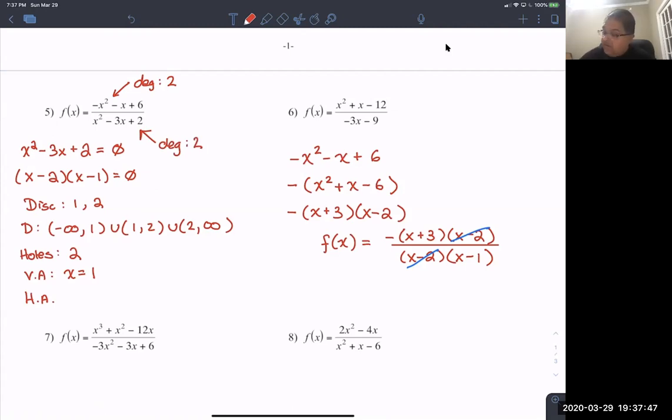The horizontal asymptote y equals the ratio of the leading coefficients. The leading coefficient in my numerator is -1, because remember, it's an understood -1, over 1, which simplifies to y equals -1.